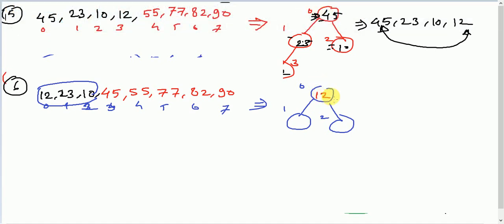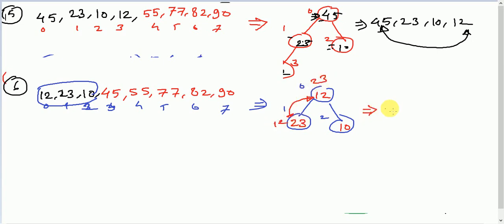This is 12, we'll put the values 12, 23 and 10. Now in the above heap, the 0th index is violating the property because we have changed that value. So we'll compare 12 with its left and right child. Among these three, the largest is 23. So 23 will come up and 12 will go down.